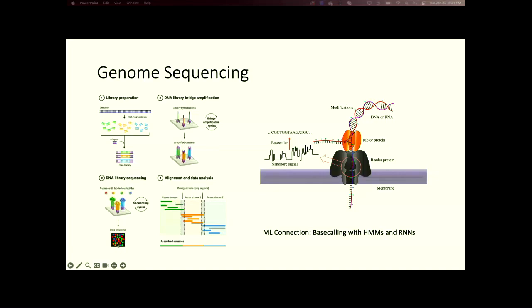In this example, it's really clear that red can be G, yellow can be T, etc. And then we look at a sequence of these pictures, and for each pixel in the picture, assemble that into a string. So we can look at tens of millions to hundreds of millions of sequences massively multiplexed at the same time.